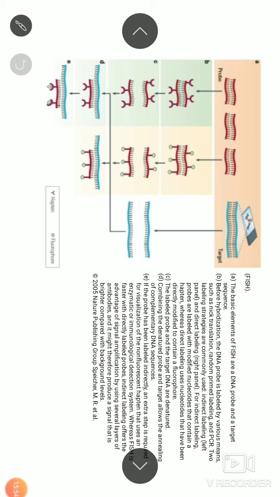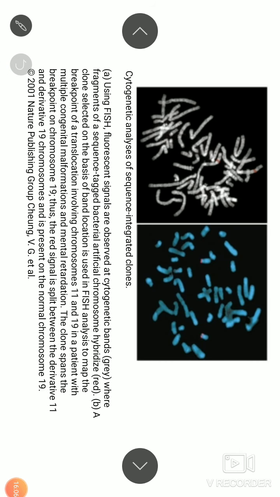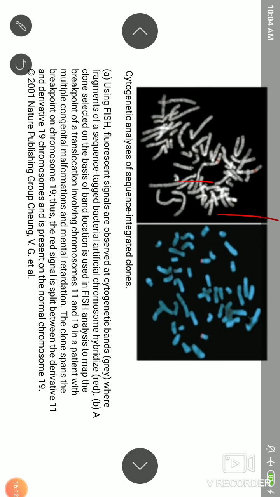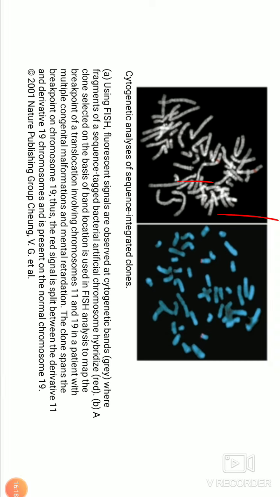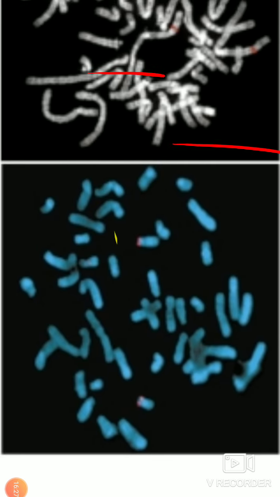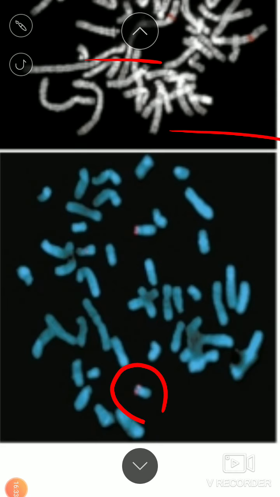In case of fluorescence, you have to have a clean slide with no background noise, and then you have to observe it. If you see, it will be something like this, where you have this blue color which is developed by the hapten base, and you can observe that there is a red color in the short arms of the chromosomes.